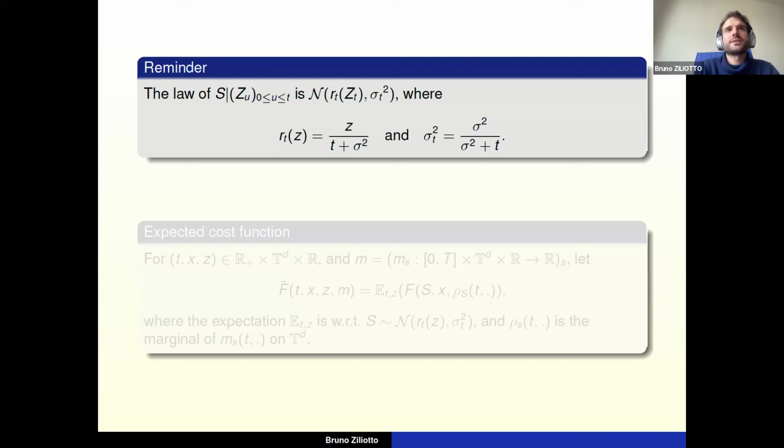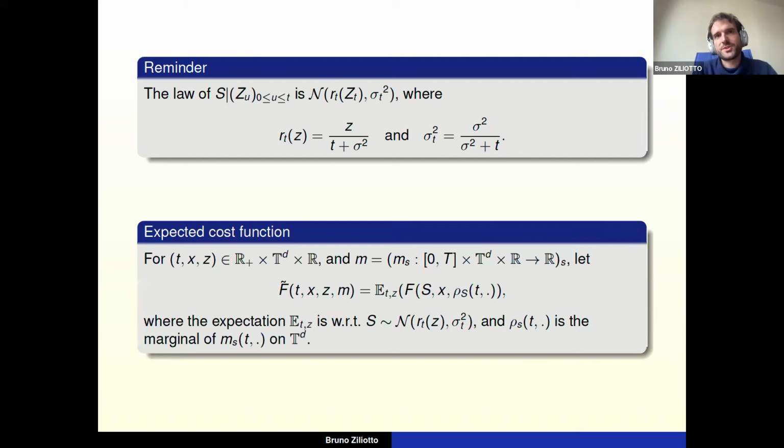I remind you that given the past signals, the whole stream of past signals, the belief of S can be characterized by a normal law, where the mean is an explicit function of Z, and the variance is a function of time. The expected cost function is just the expectation of the flow cost when S is distributed according to the aforementioned normal.